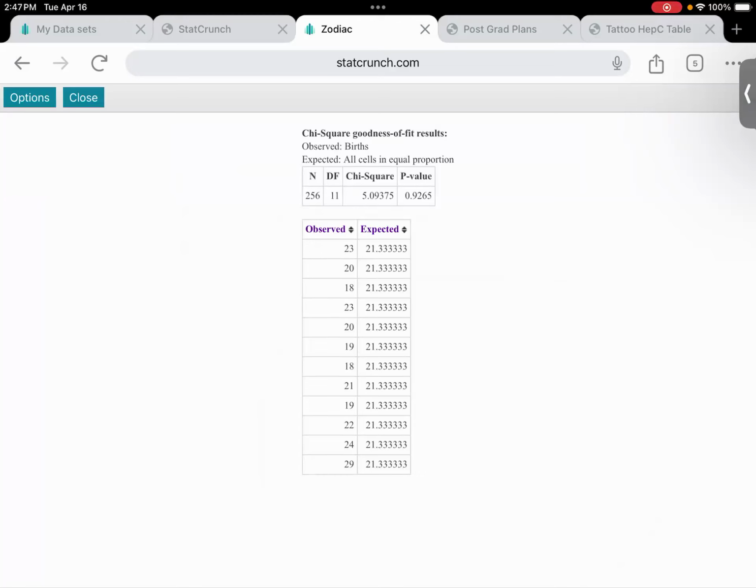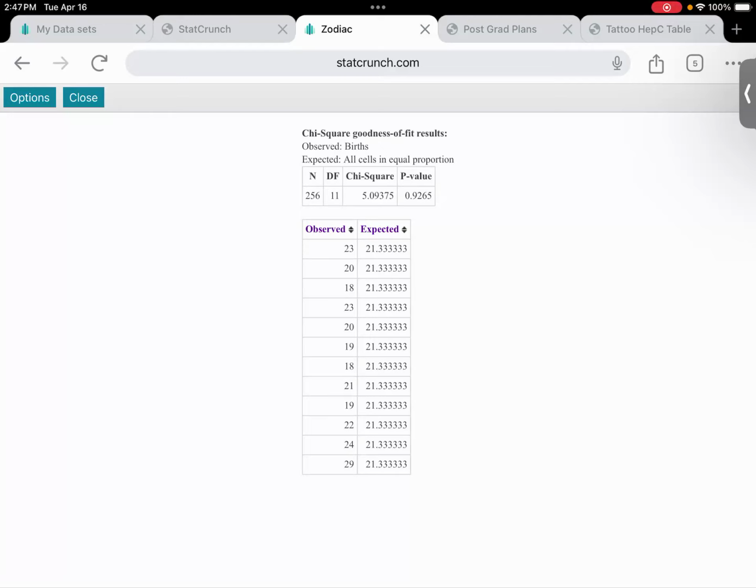And our output. And so here's the expected value. This one was simple enough that we were able to calculate it by hand, because 256 divided by 12 is super easy. But StatCrunch always gives it to us. So basically, I just look at these values and ask, are these all greater than 5? Yep. Since they're all greater than 5, our condition is met. And then, just like always, I have my chi-squared value and my p-value.